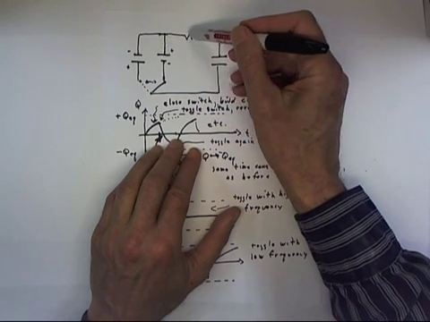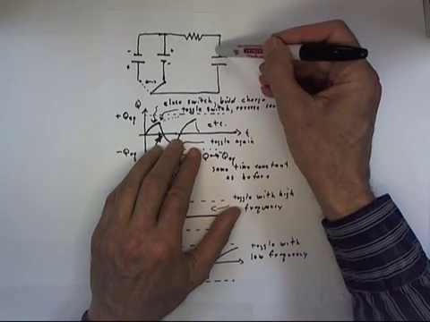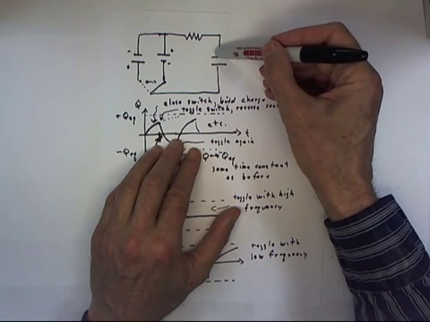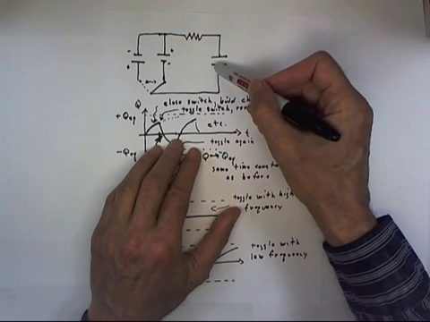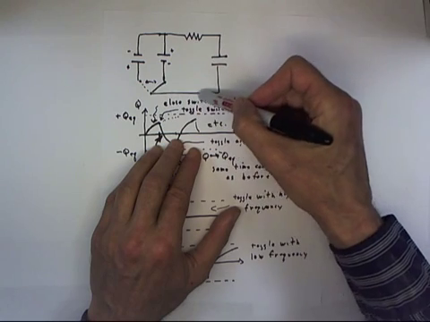The resistor doesn't slow the flow of positive charge over here any more than it slows the flow of negative charge over here.